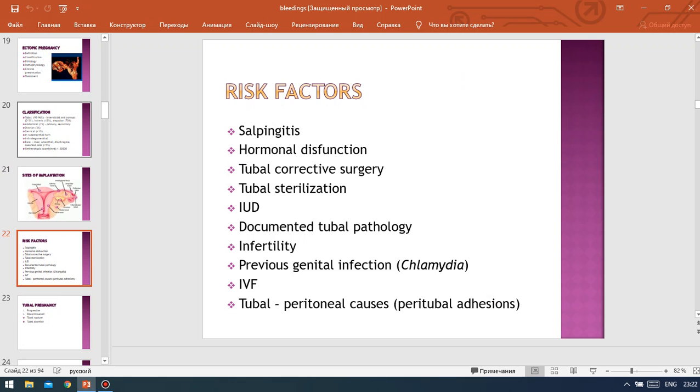Also documented tubal pathology, infertility, previous genital infection, chlamydia, IVF, and tubal peritoneal causes, peritubal adhesions. These peritubal adhesions occur in patients with endometriosis, you know about it, and in patients who from their anamnesis had surgical intervention during their life.